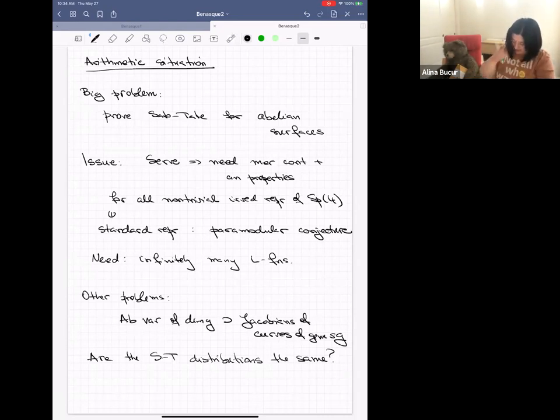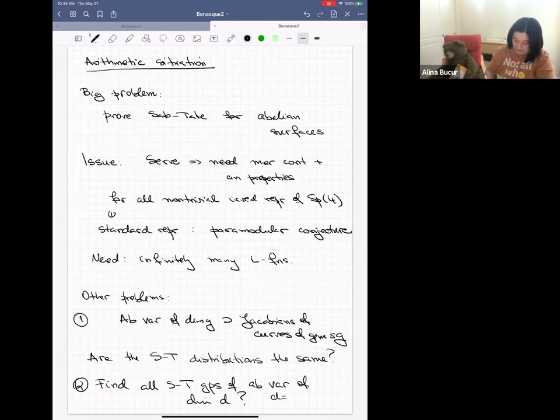And of course, speaking of that, can you find all the Sato-Tate groups of abelian varieties of dimension d? For 1, 2, and 3, sure, but remember, it gets progressively harder. We have 3 options in dimension 1, 52 options in dimension 2, and 410 in dimension 3.